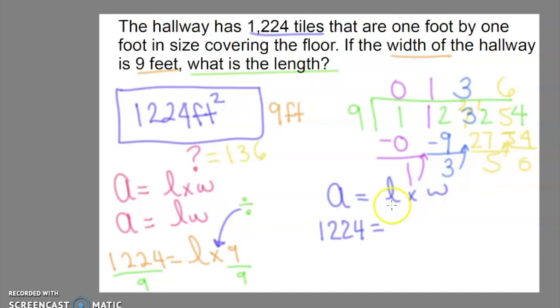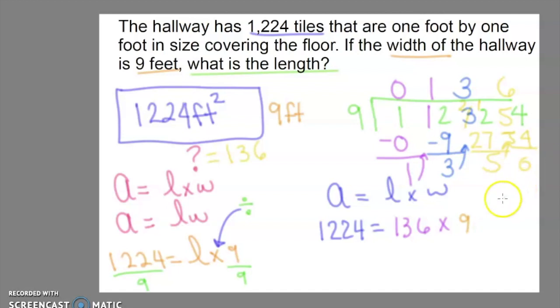You just found it. Good, 136 times, what's my width? That's what they gave us, 9. So now we're going to multiply. I know you're probably saying, that's a lot of work. Yes, but guess what? Doing so would ensure that your answer is correct.